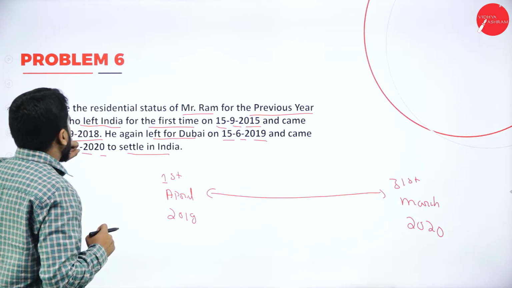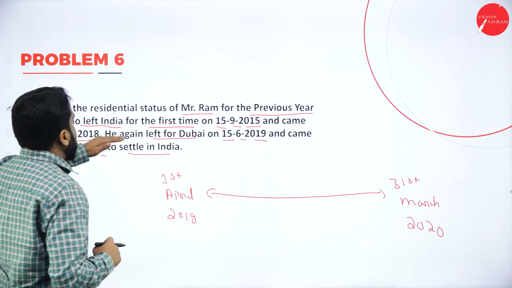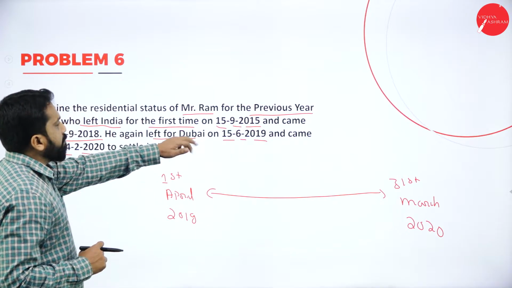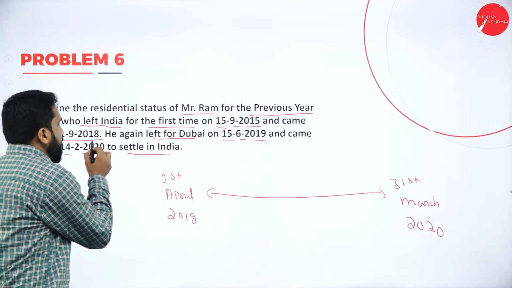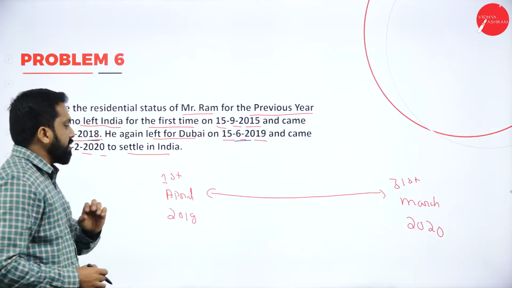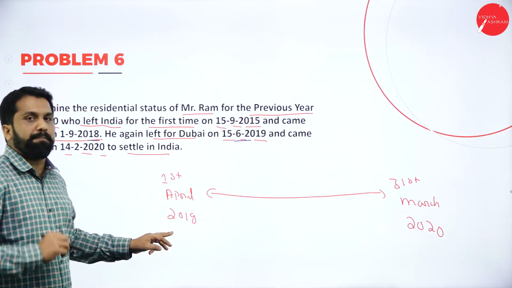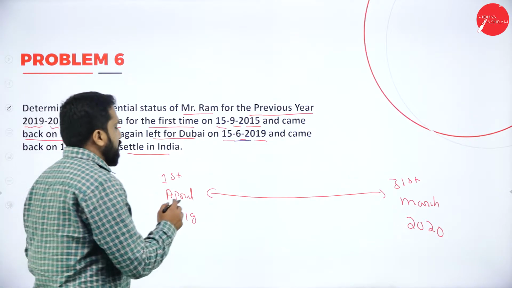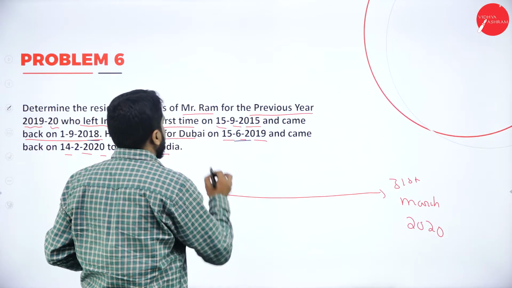He came back in 18. We don't want 2018. He again left for Dubai on 15/6/2019. From 18 up to June, he was in India. Means we don't want from 18, we want from 1st April. April he was there for 30 days.